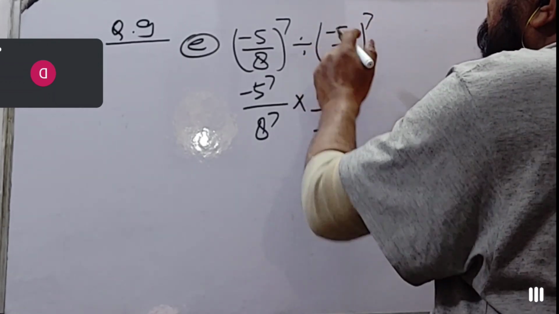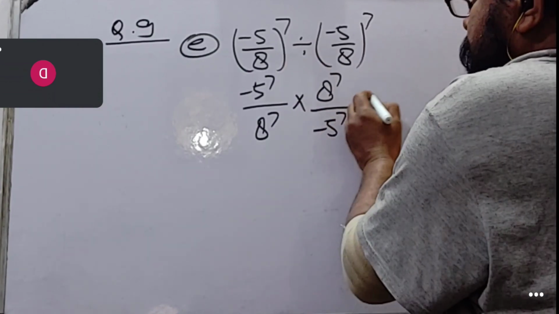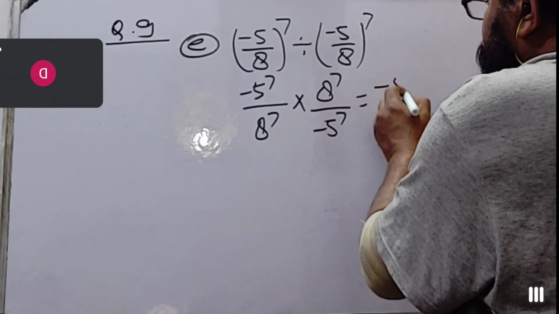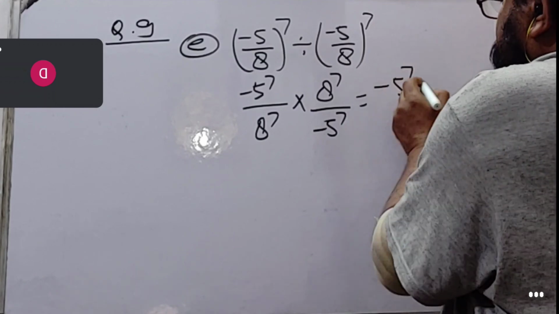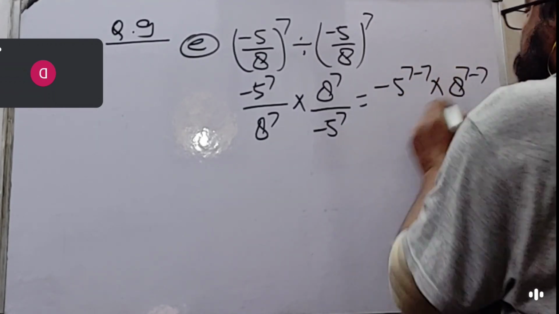It becomes reciprocal and it turns into multiplication, right? So it becomes (-5)^(7-7) into 8^(7-7).